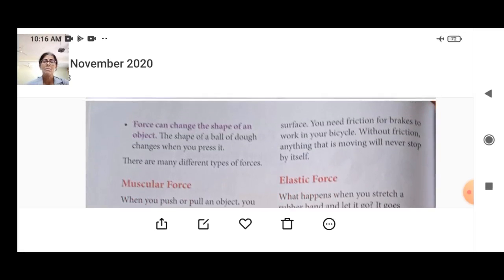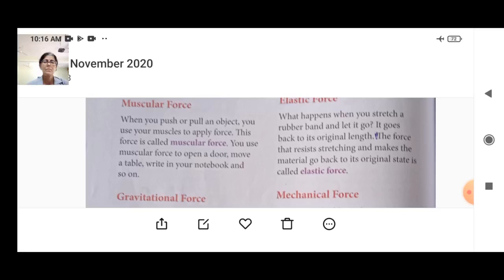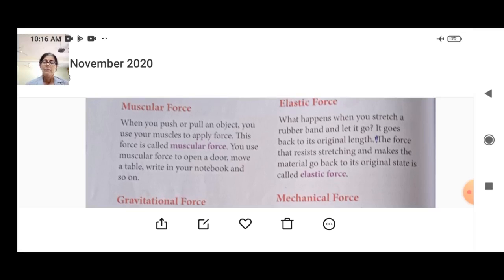Now what is muscular force? When you push or pull an object, you use your muscles to apply the force, right? This is known as a muscular force.